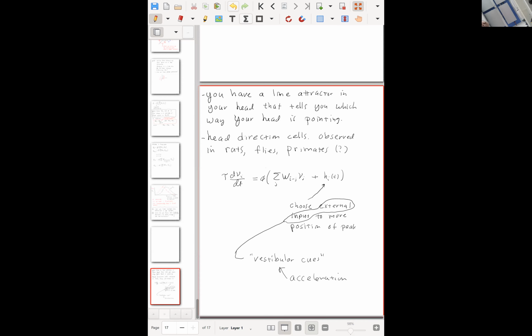It's a vestibular cue that allows you to update where you are on the line attractor. So we'll do that next time. Next time we should be able to really finish off these classic line attractors, on Wednesday, and then we'll talk about more sophisticated line attractors as they might be implemented in the brain.